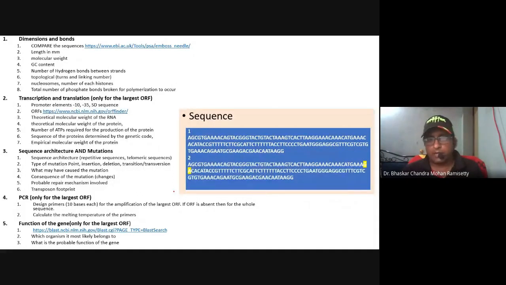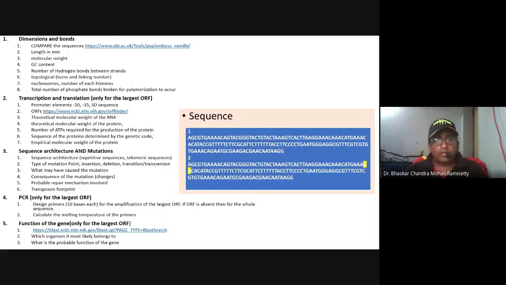We should have a little higher level of education, in the sense that the skill required is about your calculations. So in the future, maybe in the end sem also, I might give you a complex sequence picture and ask you to do all these things.